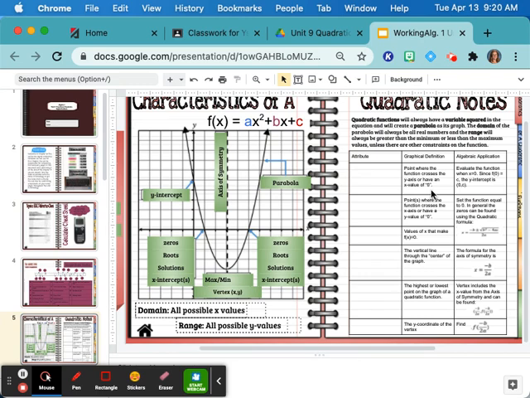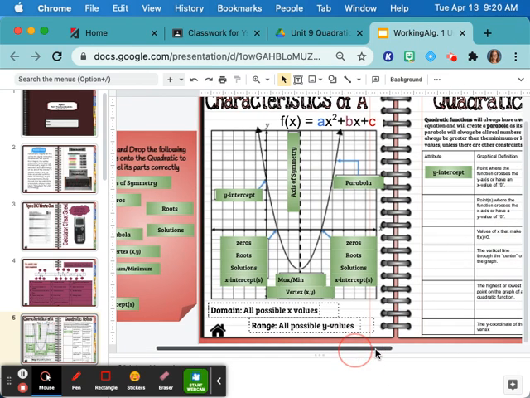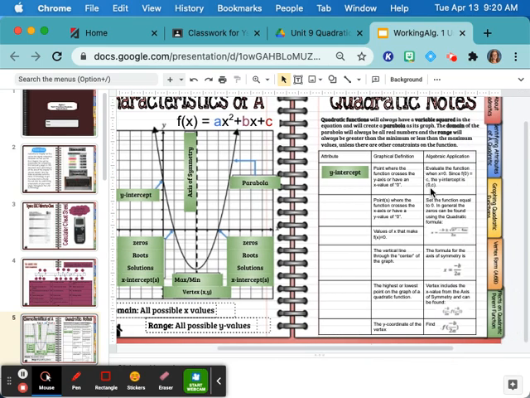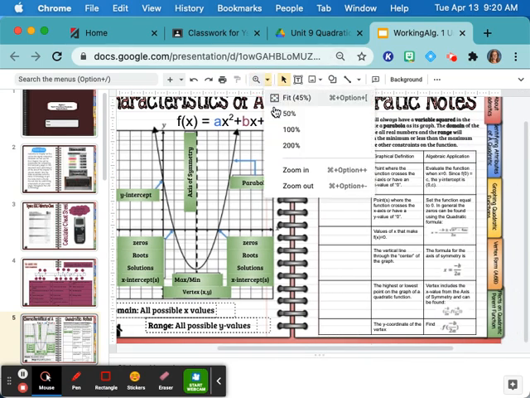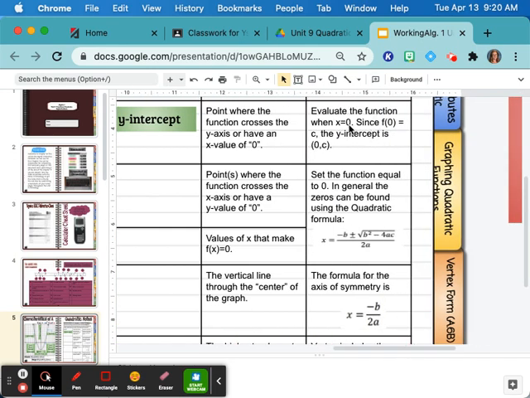So this is where it's crossing the y-axis, so it's going to be your y-intercept. Come over here, grab y-intercept, and drag it over. And so there's an algebraic application that says, evaluate the function when x equals 0. Since f of 0 equals c, the y-intercept is (0, c).